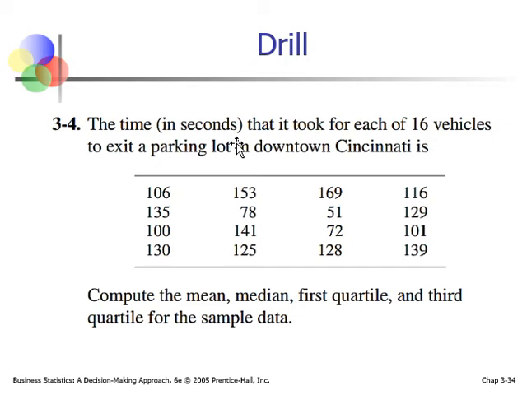For example, the time in seconds that it took for each of the vehicles to exit parking. Compute the mean, median, first quartile, and third quartile for the sample data. The computation is a bit long, so I'm not going to compute this. You already know what to do. The mean is adding all of these and dividing by how many data. We have here 106, 135, and so on.